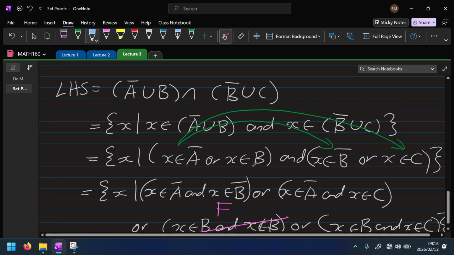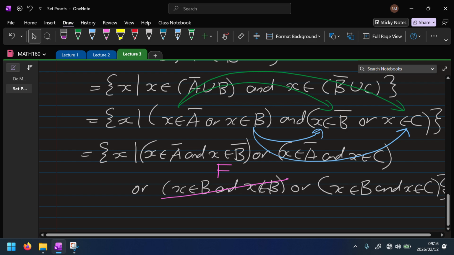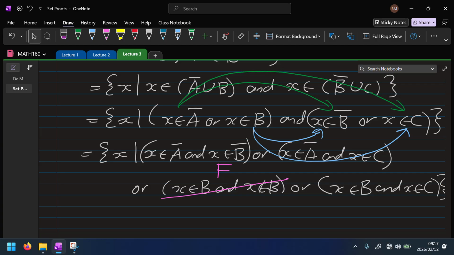So then it will be there and there. And then that gives you the four terms. Okay. So we have X is an element of B and X is not an element of B. That's always false. So we can put a big F there. So that's always false.